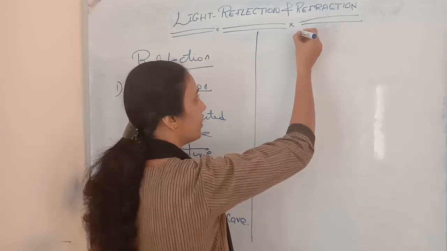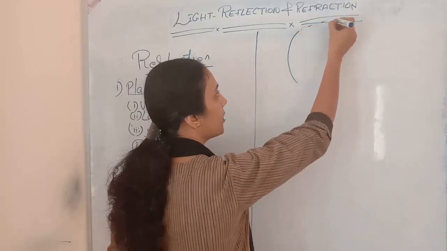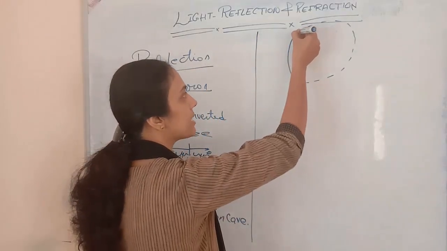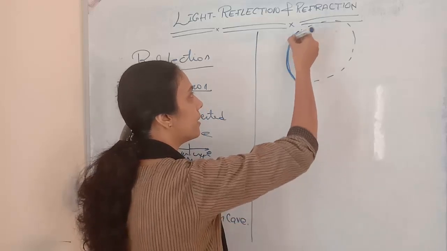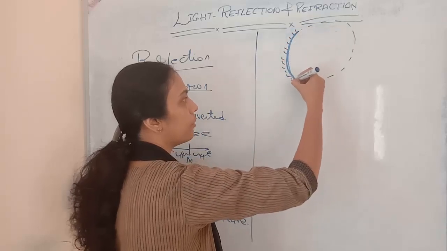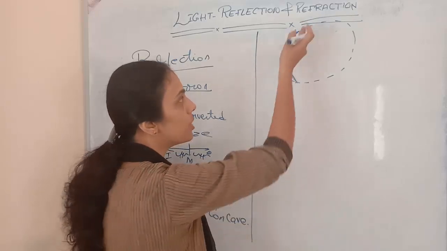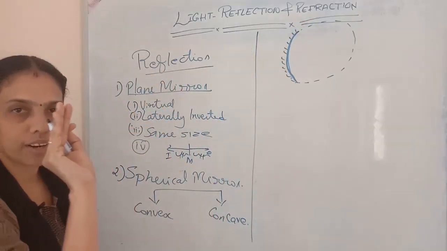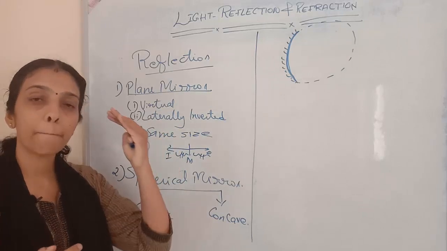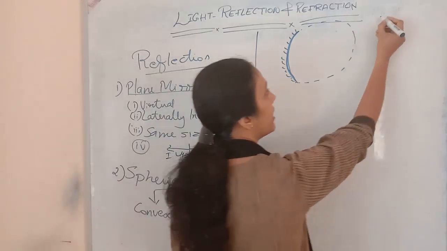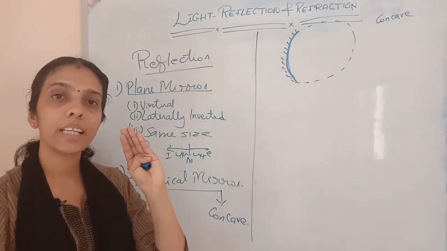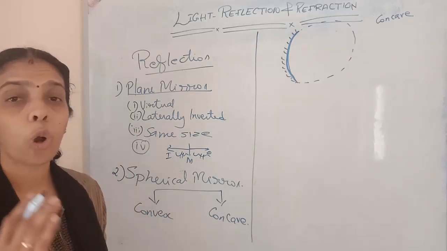If this is a part of a sphere which I am considering, the inside part is reflecting and the outside part is non-reflecting. If the reflecting surface is bent inwards, then we can say it is a concave mirror.